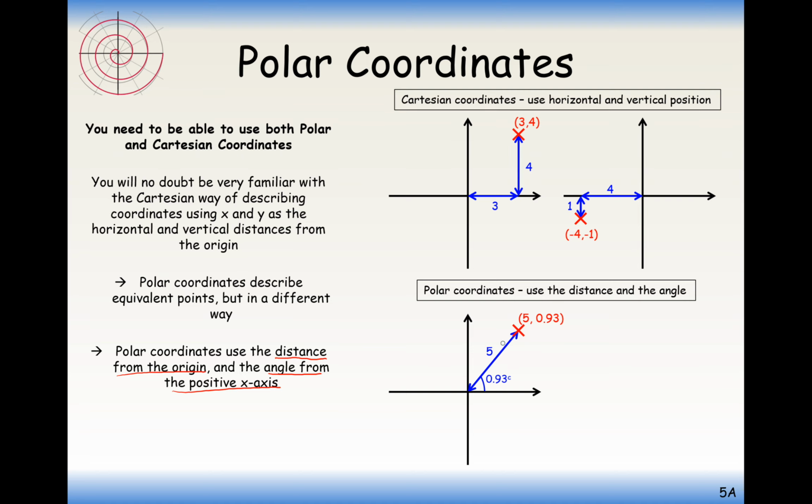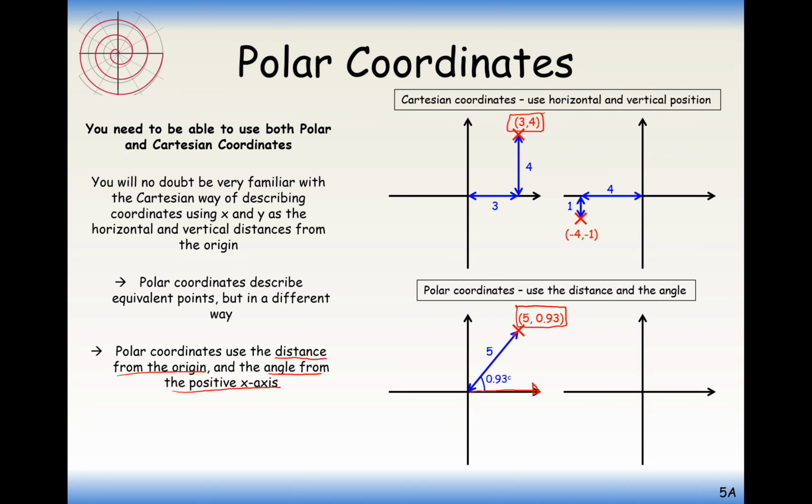So we've got a distance and an angle of rotation from always this axis here, and that's the polar coordinate. So this here is the Cartesian coordinate and this here is the polar coordinate for exactly the same point, just done differently. Distance goes first, angle of rotation goes second. It's a bit like modulus goes first, argument goes second when you refer to complex numbers.